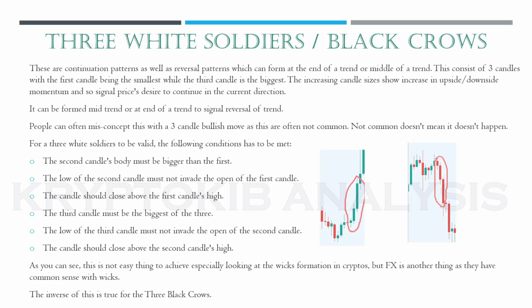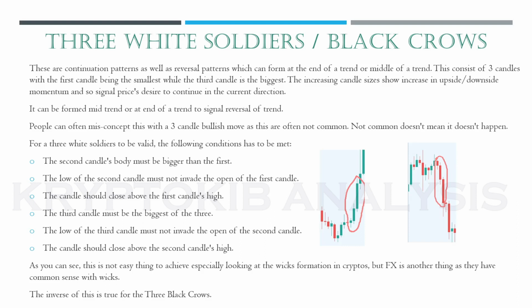The increasing candle sizes show an increase in upside or downside momentum, and so signal price's desire to continue in its current direction. It can be formed mid-trend or at the end of a trend to signal reversal of trend. People can often confuse this with a three-candle bullish move, as these are often not common. Not common doesn't mean it doesn't happen. They are just not common.